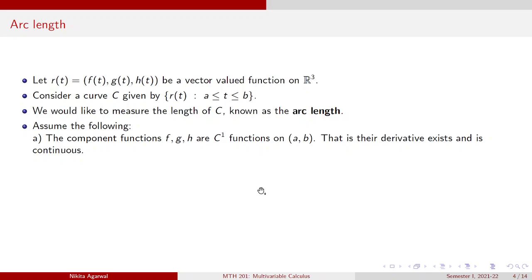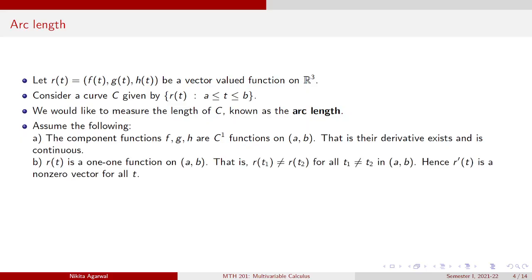We make two important assumptions to define this concept of arc length. First is that the component functions f, g and h are C1 functions on the open interval (a, b). What do we mean by a C1 function? That their derivatives exist and they are all continuous. So they are differentiable and the derivative is continuous.